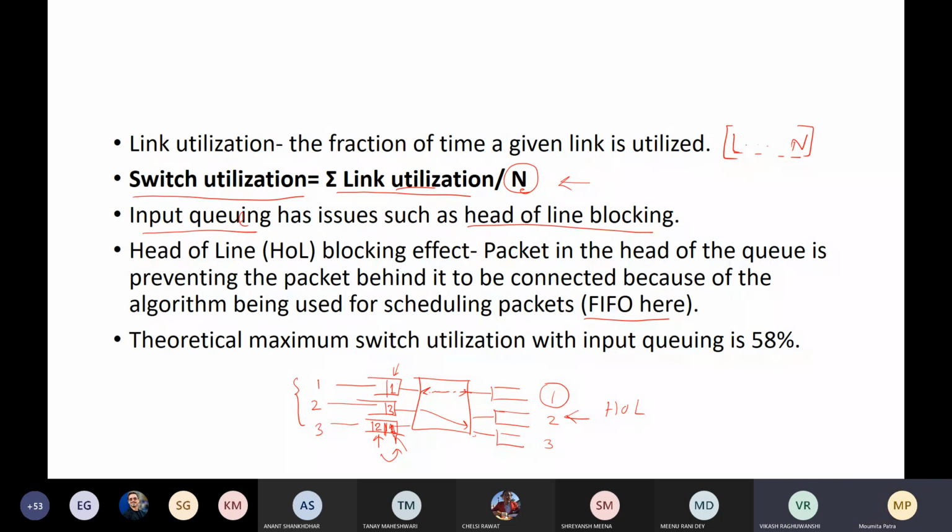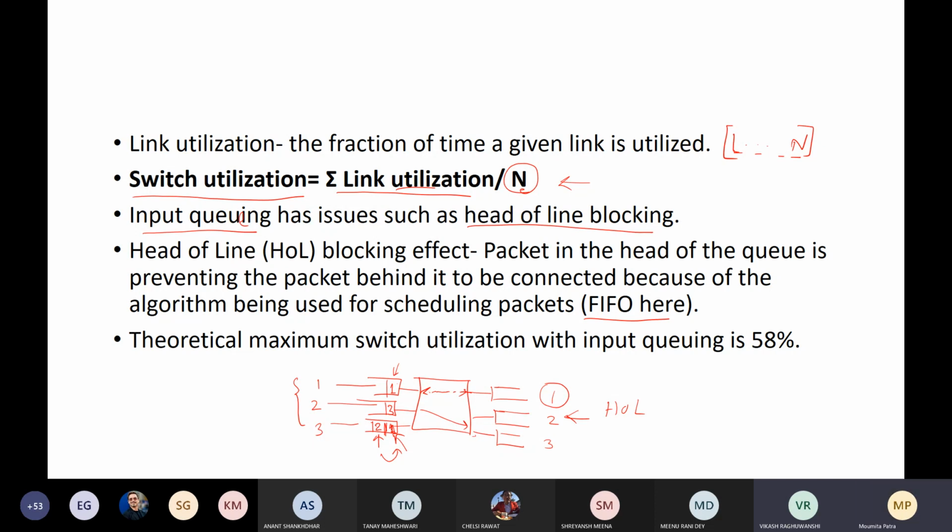Given the issue that we are seeing here, that with input queuing and with FIFO scheduling we are getting such issues as head of line blocking, it has been found that the theoretical maximum switch utilization with input queuing is about 58%.